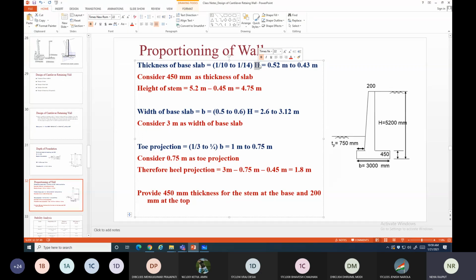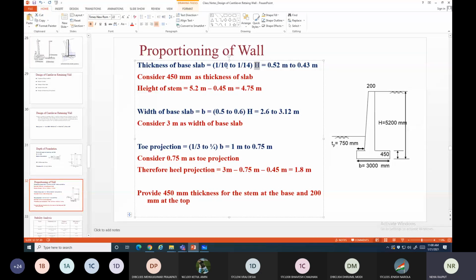From that you can pick any of the values to start your stability analysis. That is the only thing. But whatever range value you have assumed, if it is not accepted by the stability analysis, you are going to do the trial and error for that dimension itself.